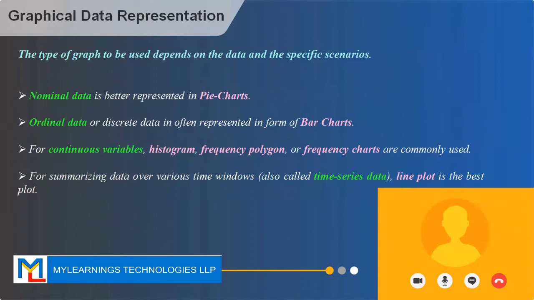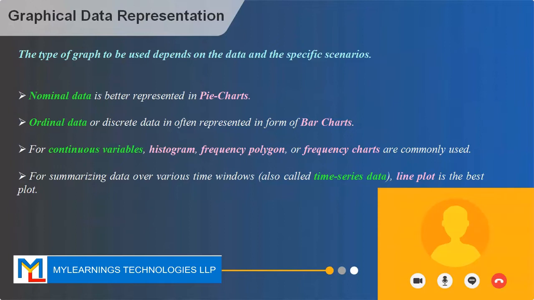These sorts of data, which we call ordinal data, or even discrete data, are often represented in the form of bar charts. We saw an example of what a bar chart looks like in the data visualization lesson.